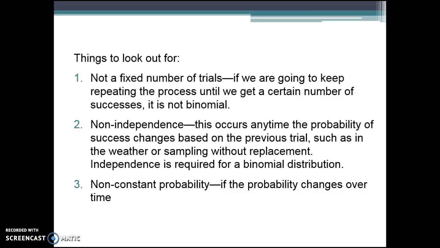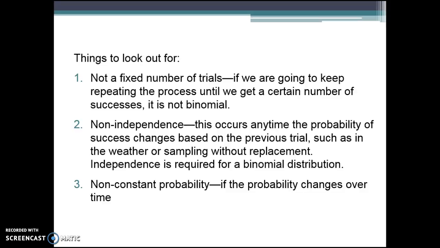The second thing, if you've got something that's not independent, so if you're looking at the probability that it rains, that's not going to have a constant probability, because the weather today partly depends on the weather yesterday.